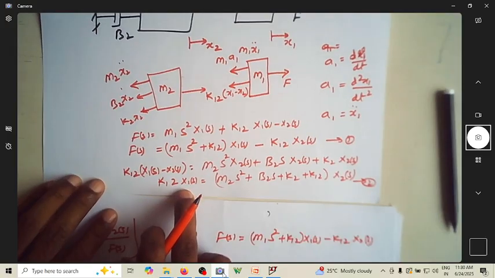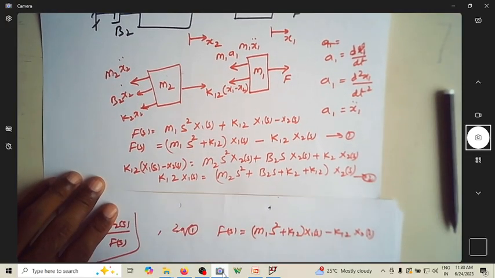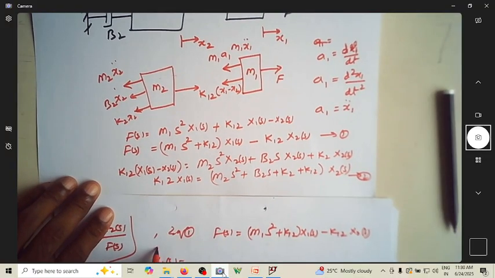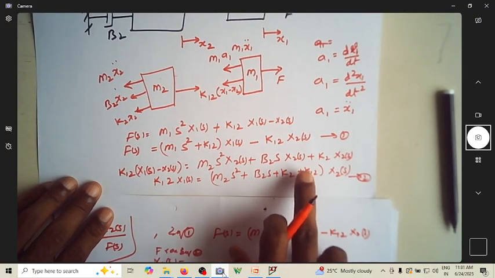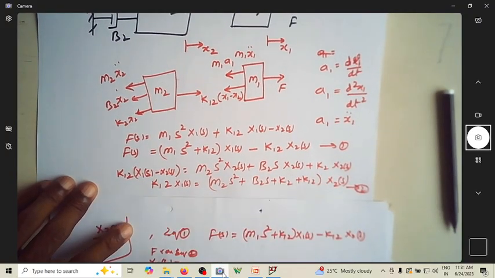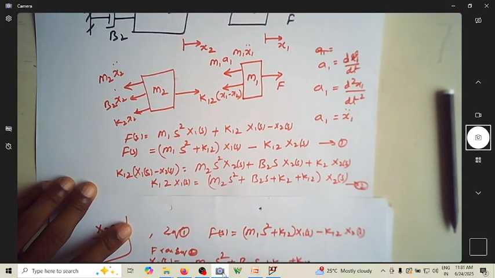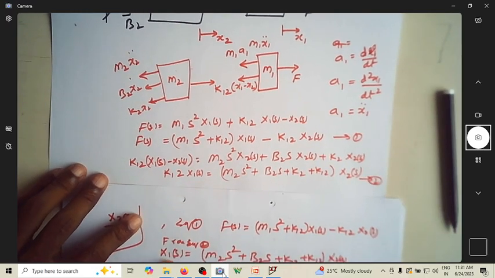So use equation 2 and replace x1 of s. From equation 2, I can write x1 of s as m2 s square plus b2 s plus k2 plus k12, times x2 of s, divided by k12. So this is my x1 of s.